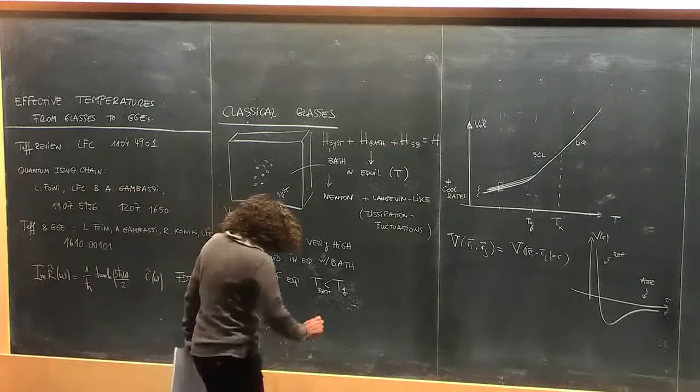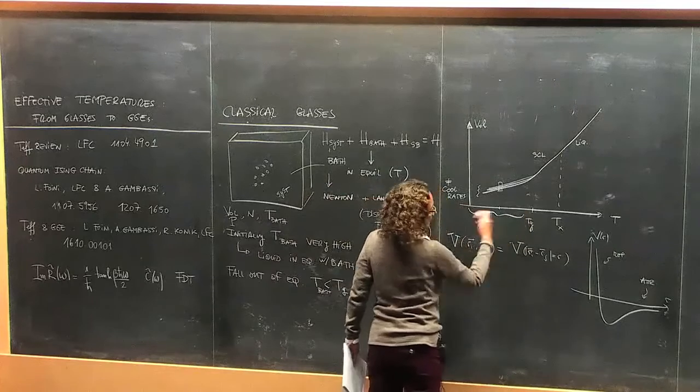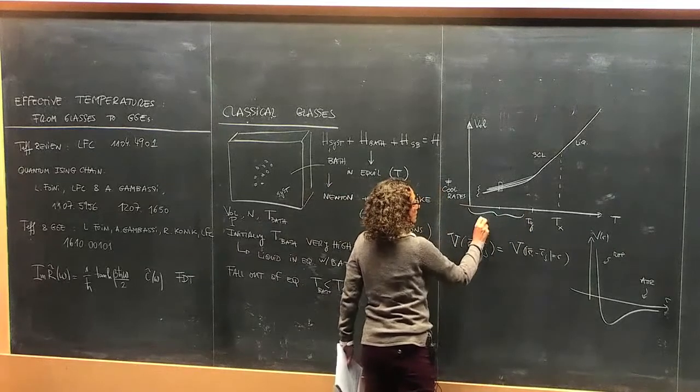So the message here is that there is some value Tg below which the system behaves out of equilibrium.